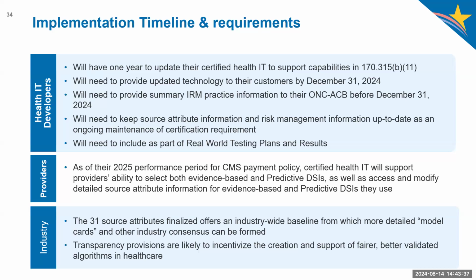You'll need to provide intervention risk management practice information to your ONC-ACB before December 31st of 2024 this year. You'll need to keep source attribute information and risk management information up to date as an ongoing maintenance of certification requirement. You'll also need to include this as part of real-world testing plans and results.